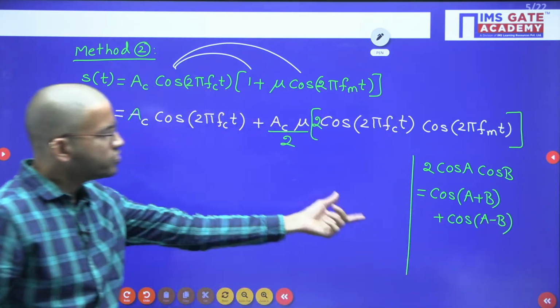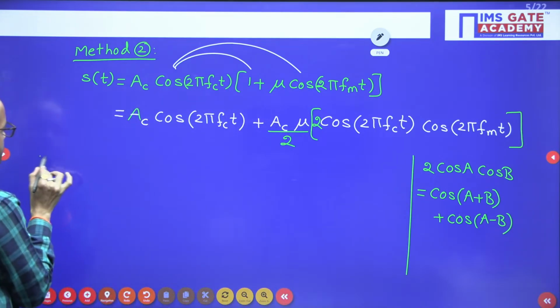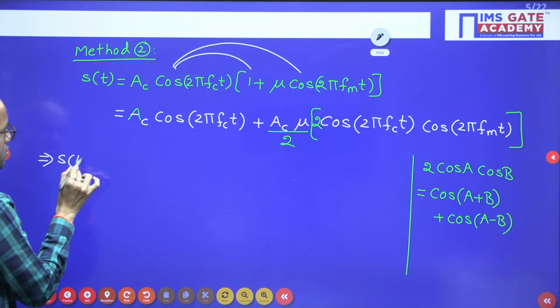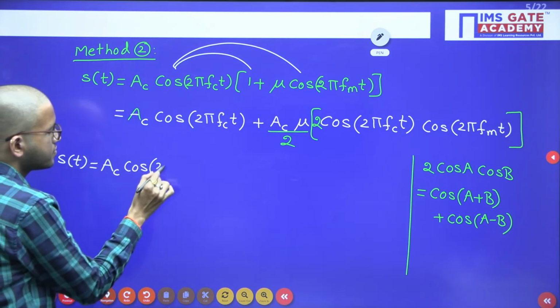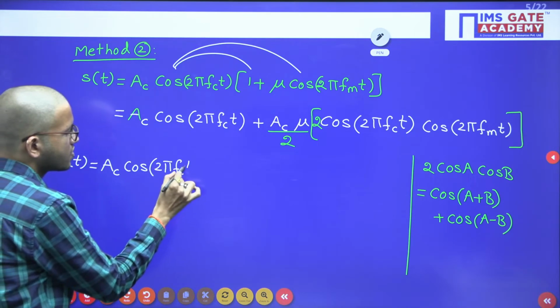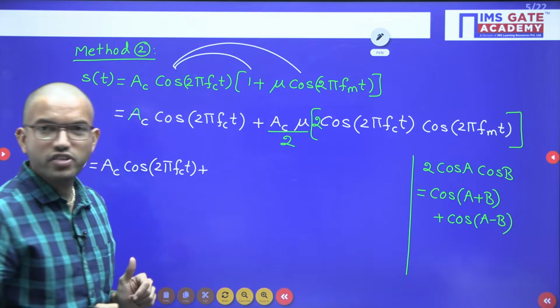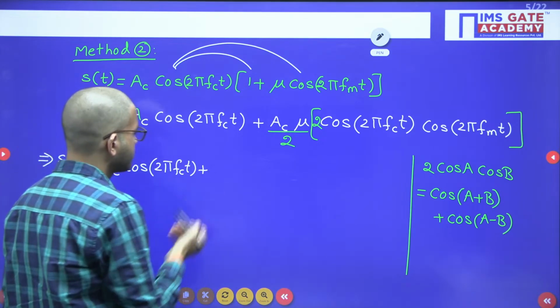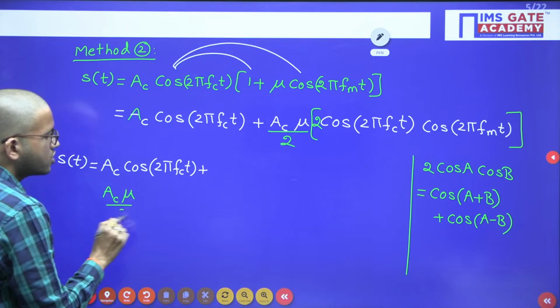Now we can use this formula. The first term we can copy as it is: S of t equals Ac cos 2 pi fct plus Ac mu by 2, which we can copy as it is.